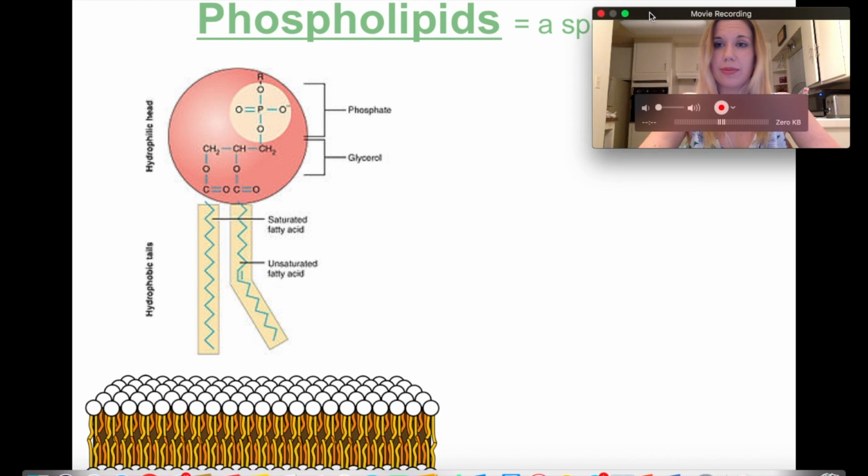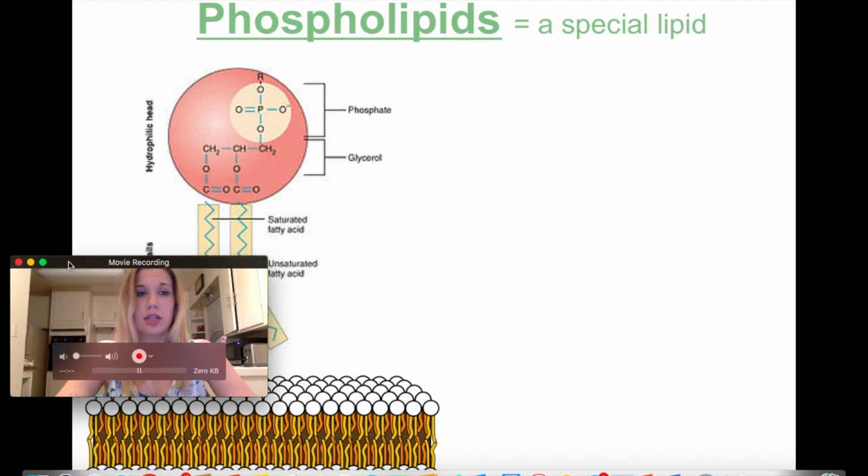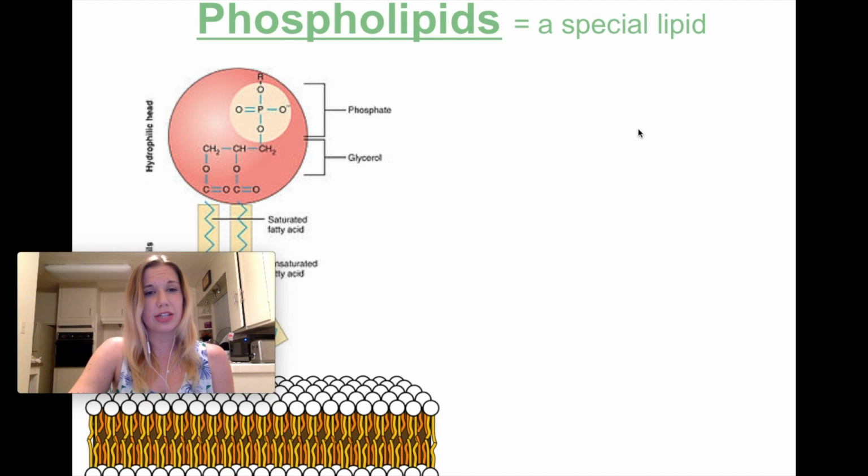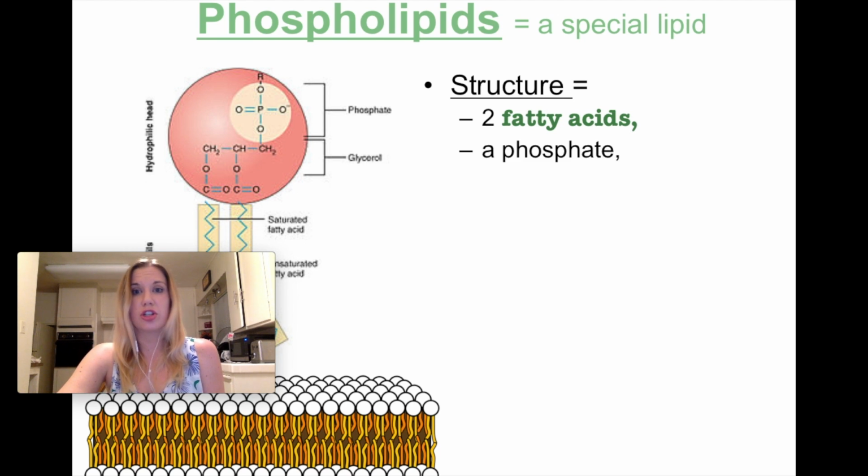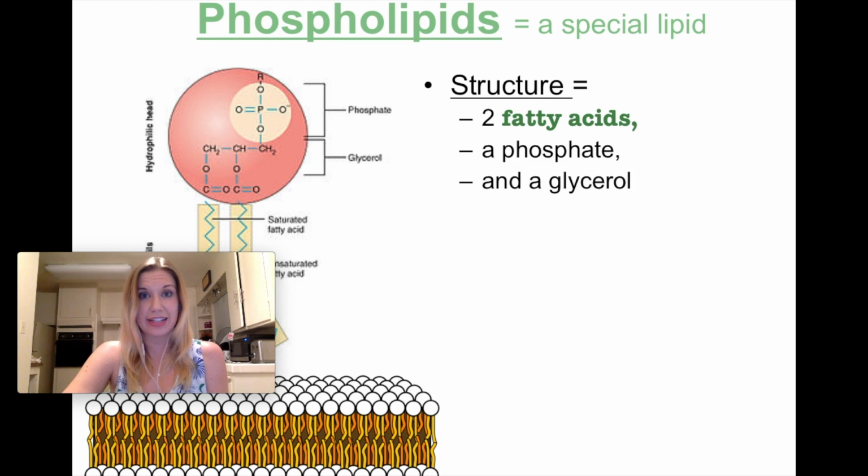This is just a little bit more on phospholipids. A phospholipid is a special type of lipid. Its structure is made up of 2 fatty acids, remember, that's the monomer of a lipid, and a phosphate and a glycerol molecule.